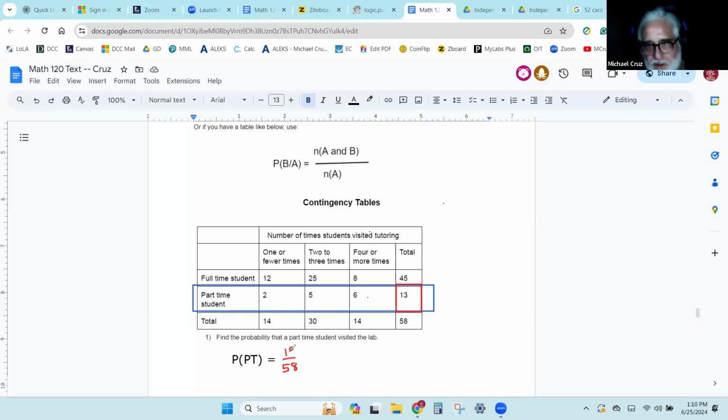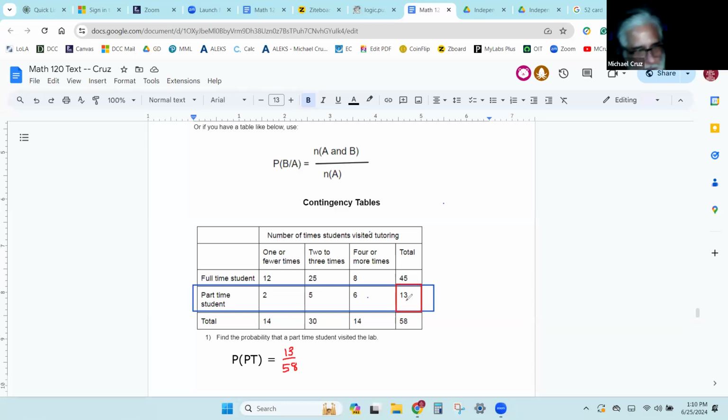And then here's the total part-time students. So if you kind of think of it like this, that everybody comes in and puts their name on a card and their full or part-time status. So there'd be 58 cards in there. 45 would be full-time students and 13 part-time. So going in there, there's going to be fewer part-time than full-time.